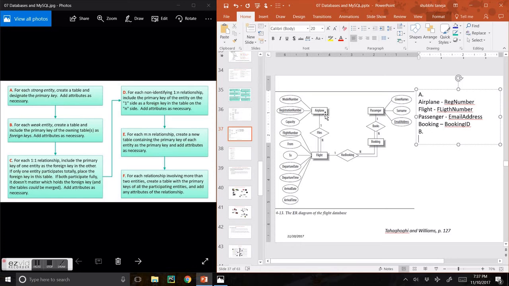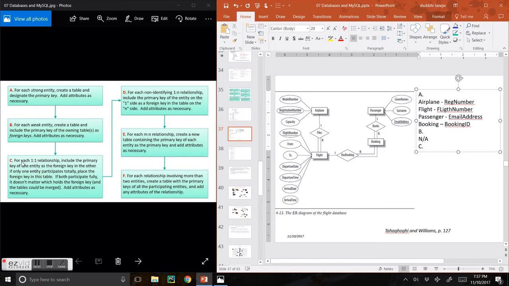So as you can clearly see, there's nothing like that here. All the entities that are there, those 4 entities, are strong entities. So B is one step that essentially would not work in this example, so I'm going to write a not applicable next to it. So that also finishes this part right here.